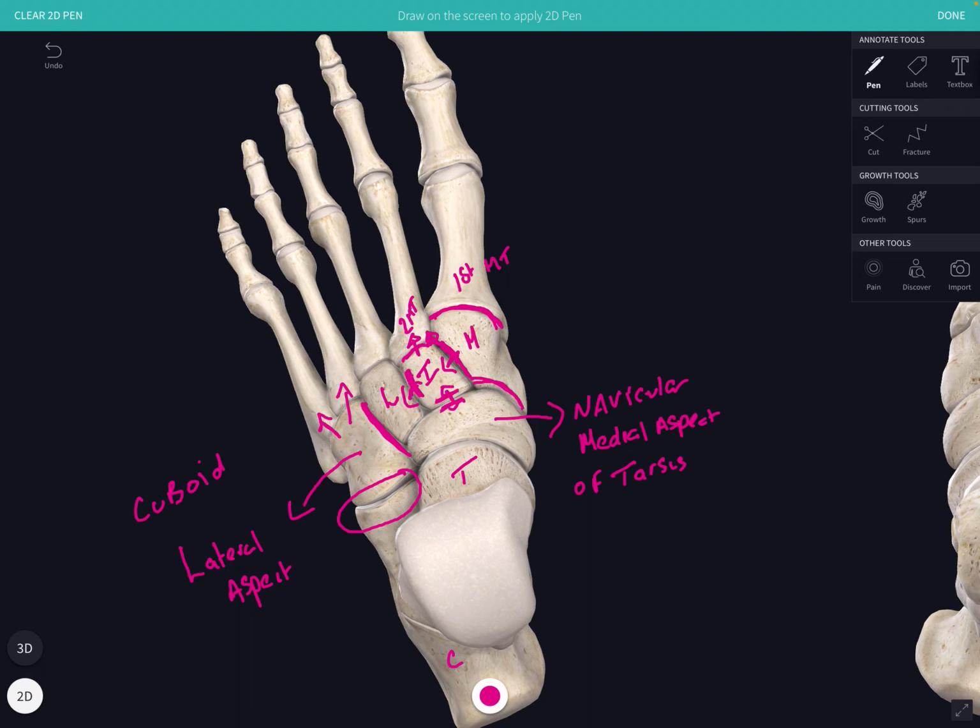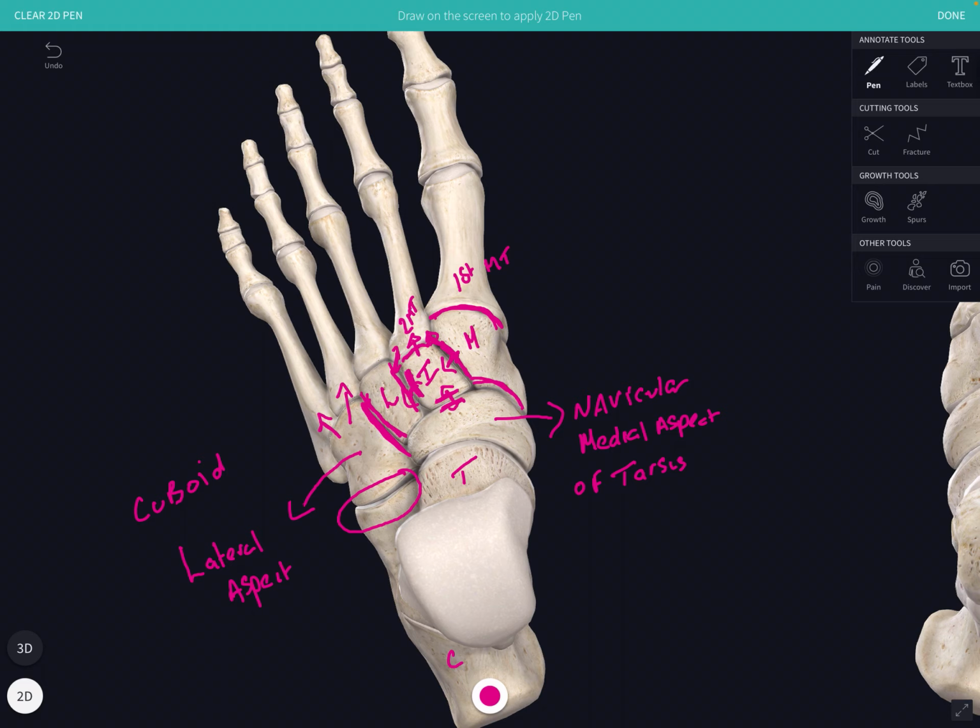Now the lateral cuneiform bone we have to look at last, and this has a large oval articular facet which articulates with the cuboid. Okay, so we've got an articular surface here which is going to articulate with the cuboid. The medial surface of the lateral cuneiform bone has two articular facets, one which articulates with the intermediate cuneiform bone and the other which articulates with the base of the second metatarsal.